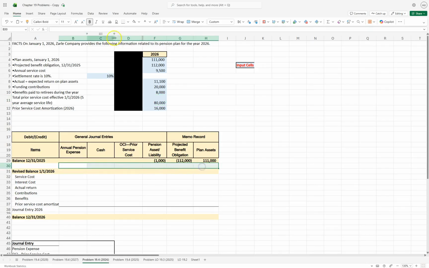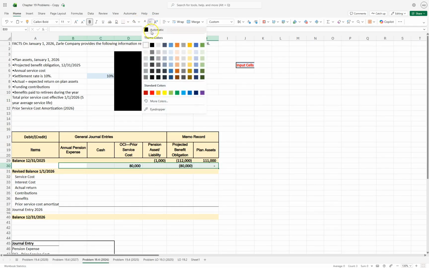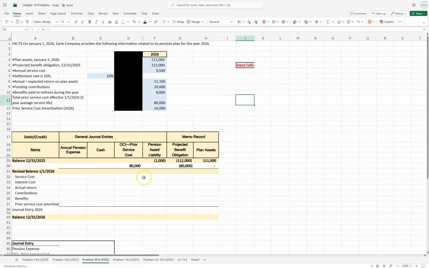So this is the best way I could figure out how to do this: right here, I have a credit to projected benefit obligation for 80, because I have to increase my PBO, and the other side goes to OCI, other comprehensive income, which closes out into our accumulated other comprehensive income at the end of the year, and that is presented on the balance sheet under the shareholders' equity section.